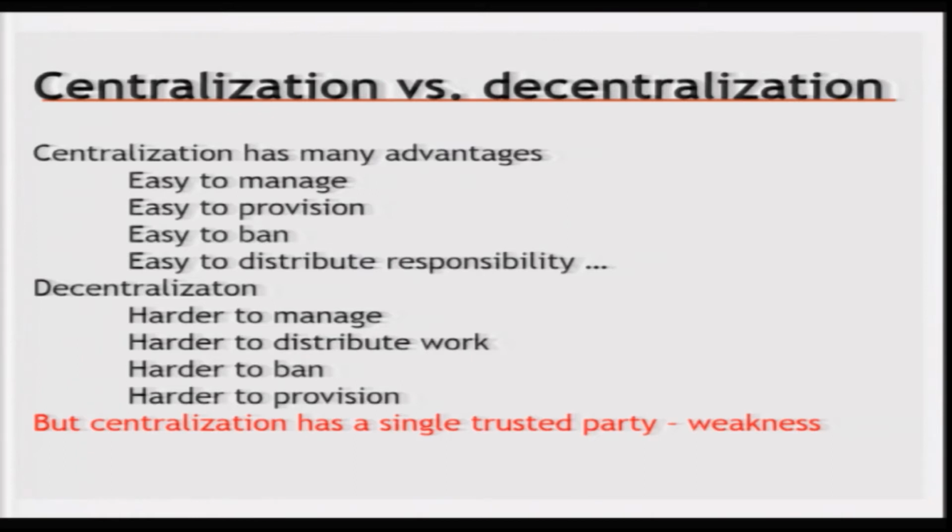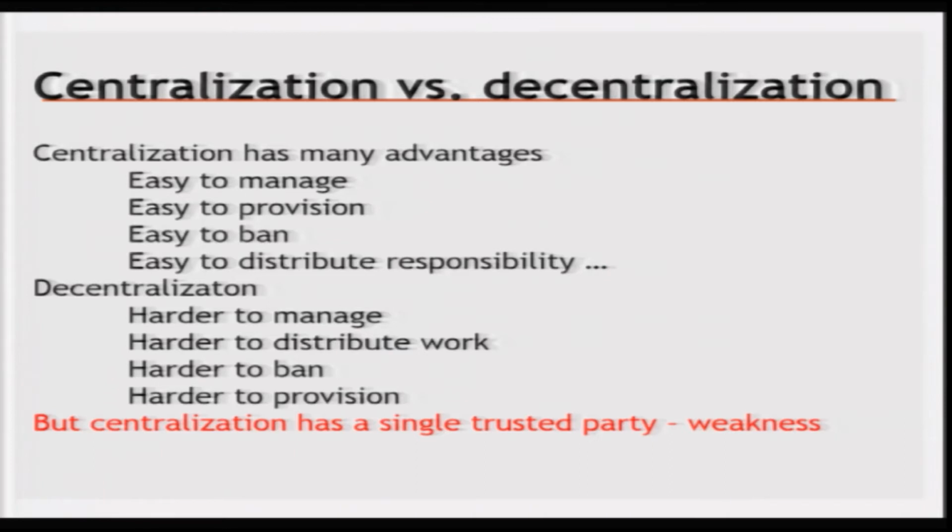If you want to delete an account, you also have to change in one place. It is easy to ban. For example, if you have a centralized authority maintaining your DNS, domain name service, then you can easily ban certain domains from being found, and it is easy to distribute responsibility. So, centralization has all these advantages.